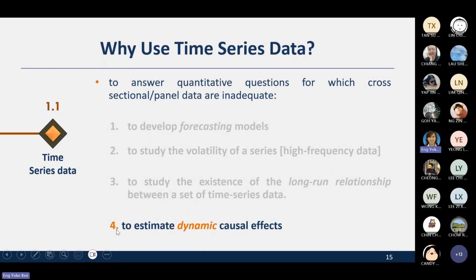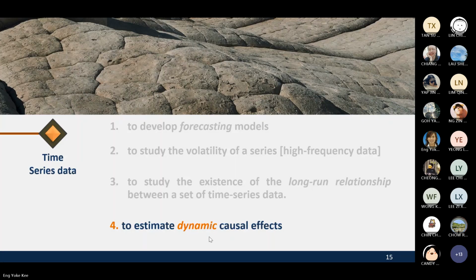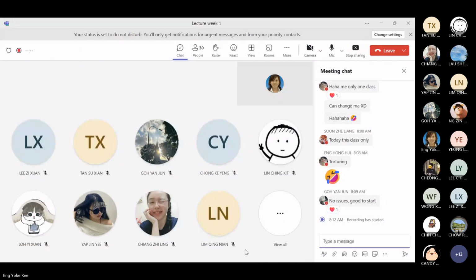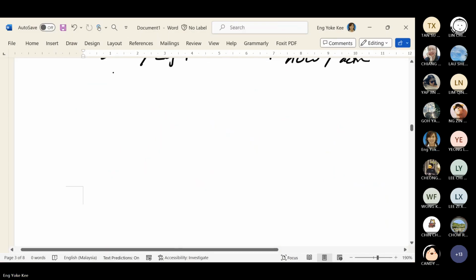Lastly is to estimate the dynamic causal effect. So dynamic long run effect.